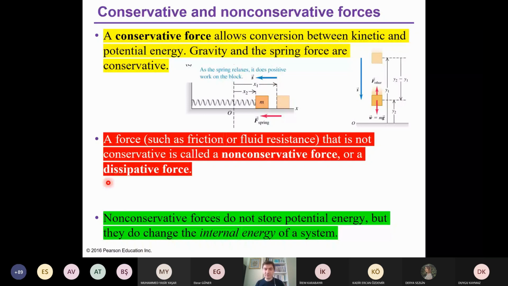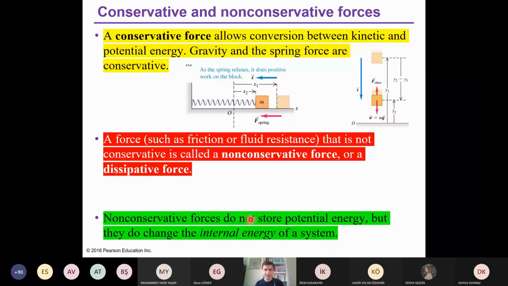So in non-conservative forces, you cannot store potential energy, but they do change the internal energy of a system. We will discuss this one in the forthcoming transparencies.